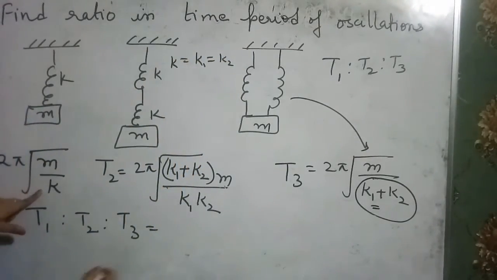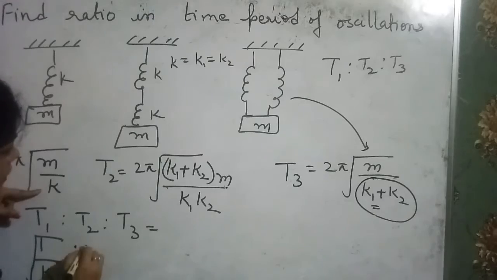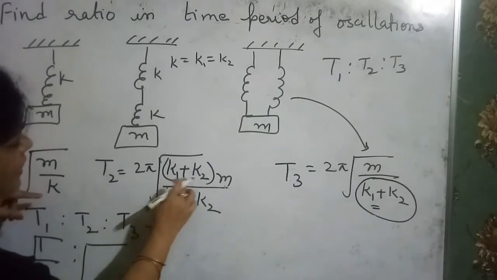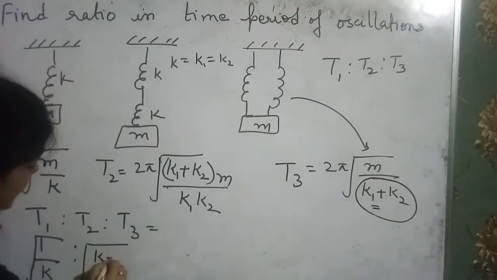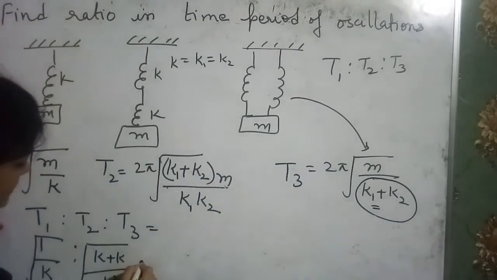Now substituting these values, for time period 1 we have under root 1 by K. Here for time period T2 we have K plus K over K square, because m is getting cancelled, 2 pi is getting cancelled.